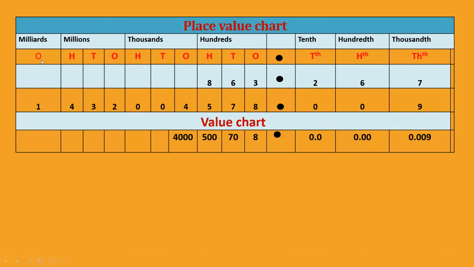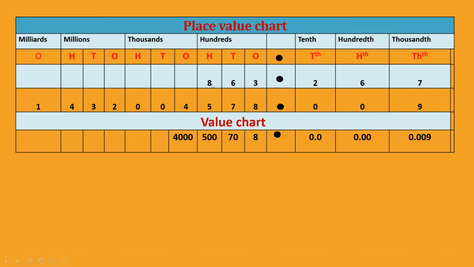So the millions house has 100 million, 10 million, and ones. Thousands has 100,000, 10,000, and thousands. Then hundreds, tens, ones, and tenths, hundredths, thousandths.